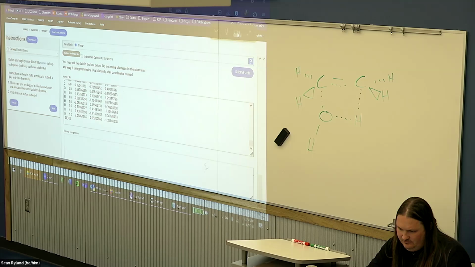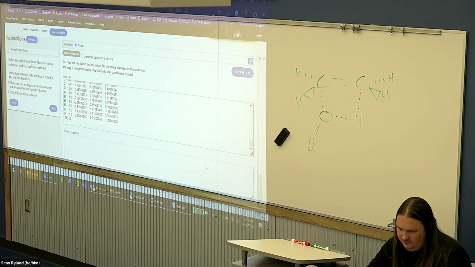Double check it is run type saddle point, not DFT. This run type is the one you're looking to change if you need to. Everything else we can keep the same. Now we paste and submit the job. This one might take a little bit longer because we ask it to do a little bit more with the calculation here.